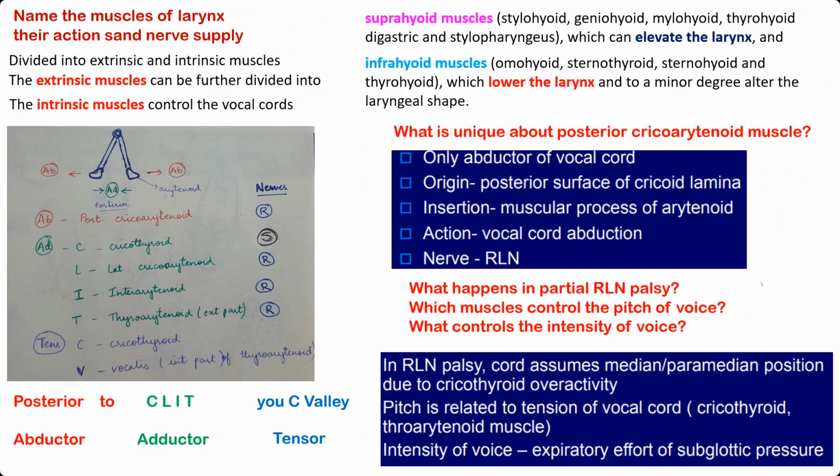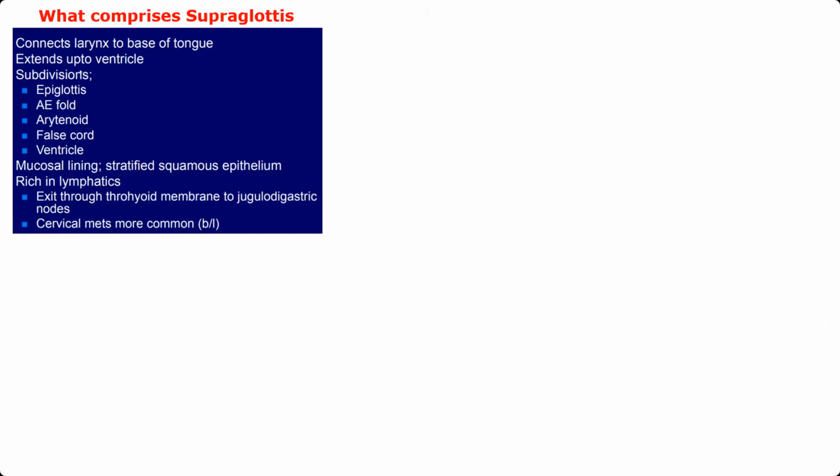These are all the points that we have to know about how the voice works and which part of the anatomy is involved. Next, the supraglottic area. Commonly we use the term supraglottis. It connects the larynx to the base of the tongue and extends up to a portion called the ventricle. It can be subdivided into epiglottis, aryepiglottic fold, arytenoid, false cord, and ventricle.